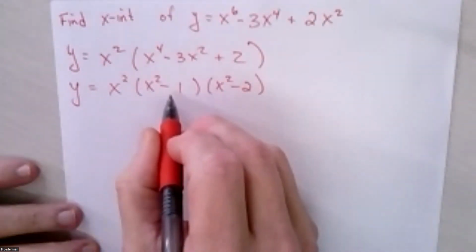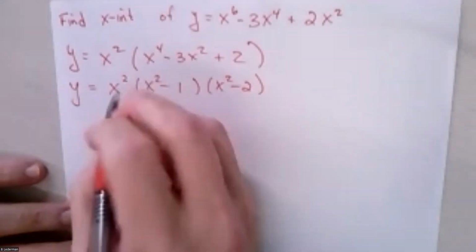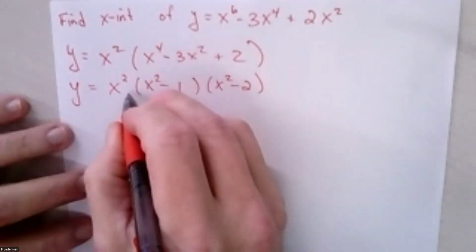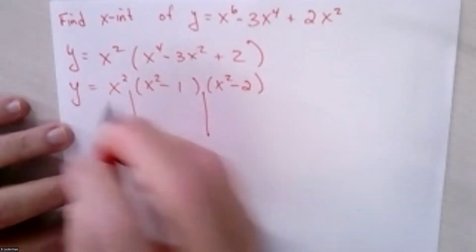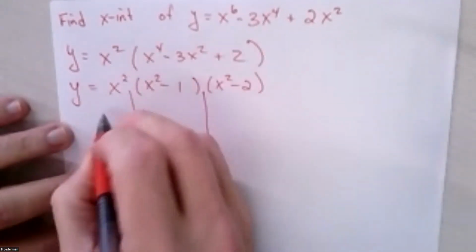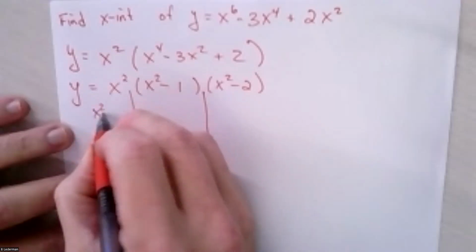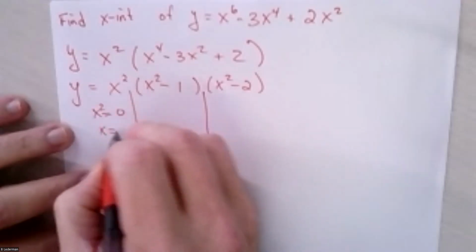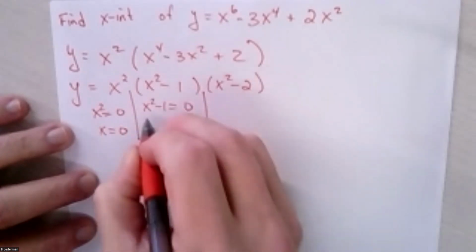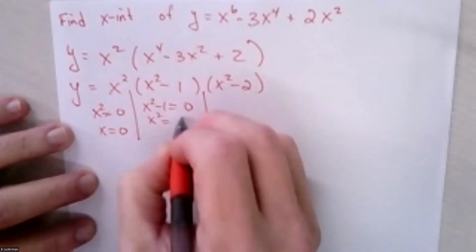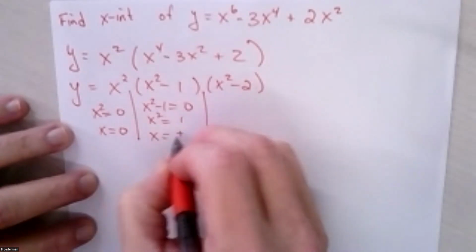Now set each factor equal to 0, because I have a product now. If x squared equals 0, that tells me that x equals 0. x squared minus 1 equals 0 means x squared equals 1, and x equals plus or minus 1.